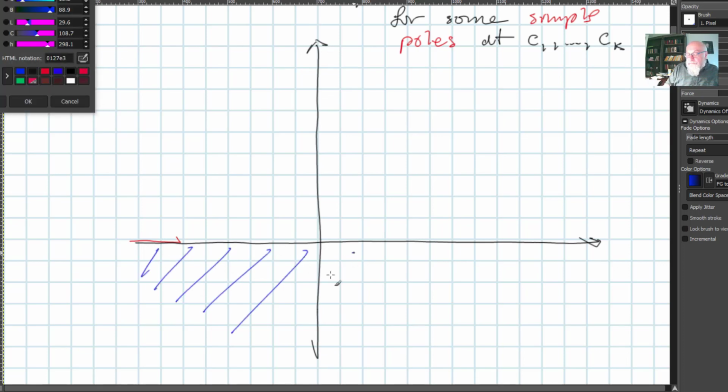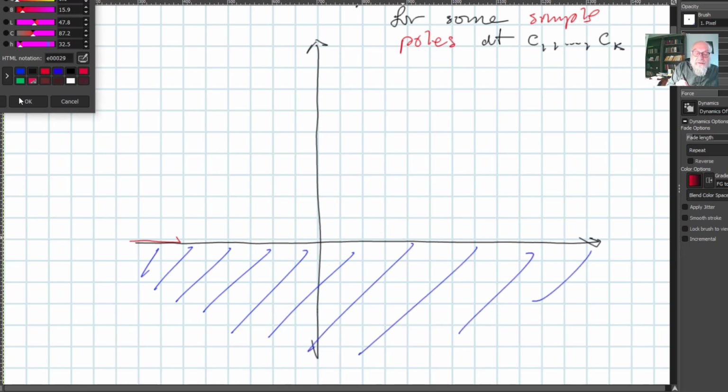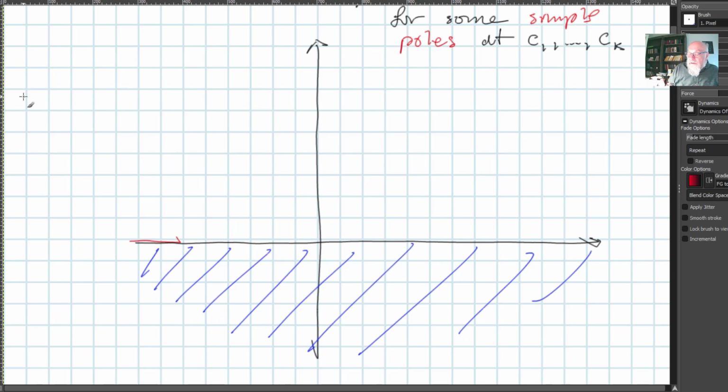Now we have singular points. I may have some here, and I don't exclude that I may have a singular point, simple poles, on the real axis. Of course those appear in pairs. So those are my singular points.